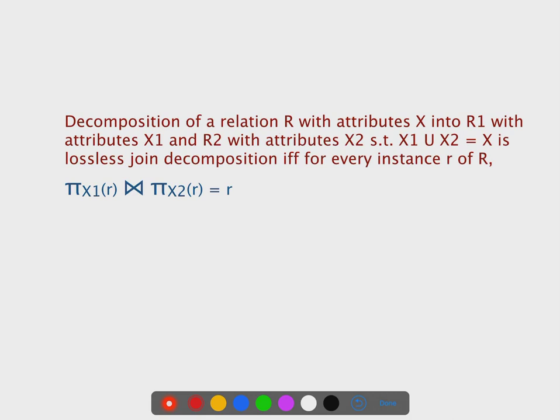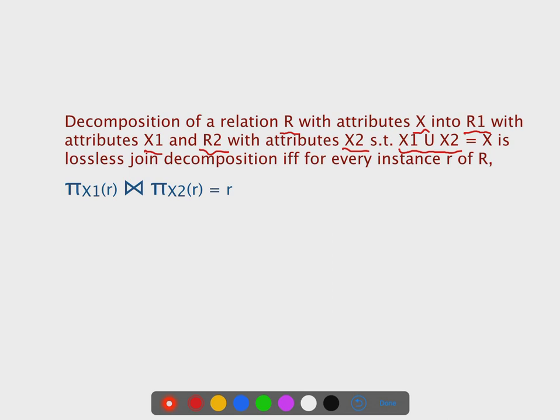More formally, if we have a relation R with attributes X, and let's say we decompose it into R1 and R2, where R1 has attributes X1 and R2 has attributes X2. First of all, the union of X1 and X2 should be equal to X, the original schema.